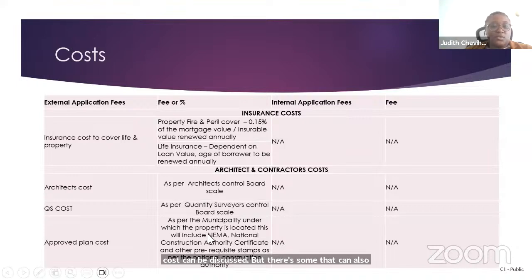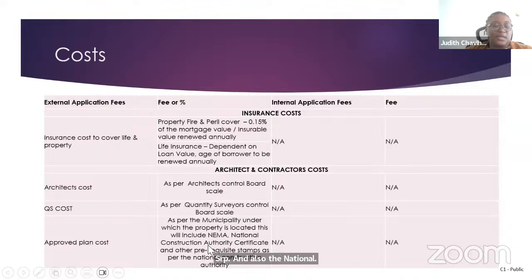So approved plan costs are as per the municipality under which the property is located. This will include NEMA and National Construction Authority certification, and a certificate of the prerequisite stamps as per the National Construction Authority.